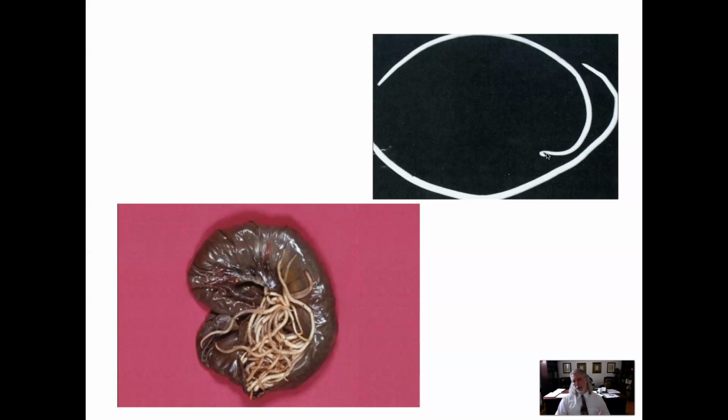Posterior is down by the tail end. The posterior end has a little hook. It looks like a crochet hook. That little hook is used to clasp onto the female for reproduction. So you can look at these and tell, this is the female, this is the male. This is a stomach, probably from a pig that's infested with the pigworm.